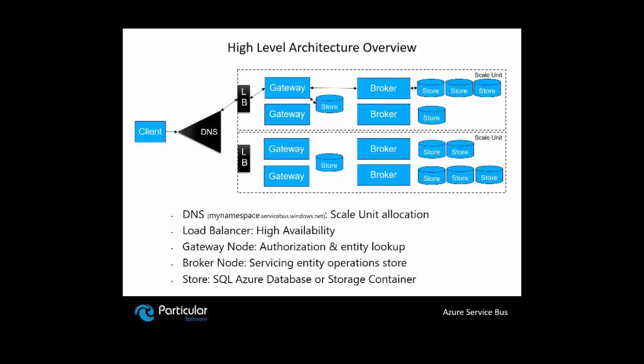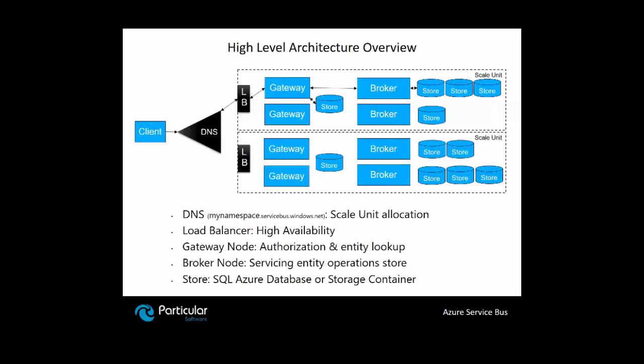And it's doing this primarily through the DNS system, which is a resolution of your namespace of servicebus.windows.net towards a specific IP address that targets the load balancer of a specific installation of Service Bus. We call this scale unit. Inside the scale unit, the first thing that your request or your connection will go to is a load balancer. This one provides high availability between the different nodes inside the service.